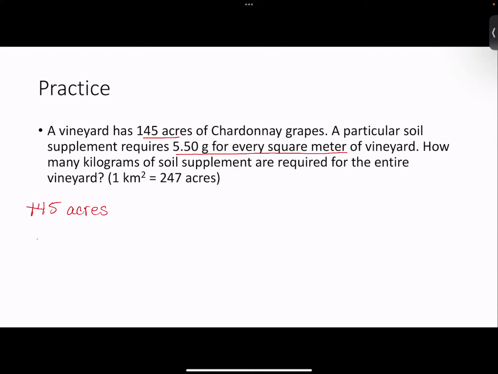So that means it's 5.50 grams of supplement per 1 square meter. And I was also told 1 kilometer squared is equal to 247 acres.